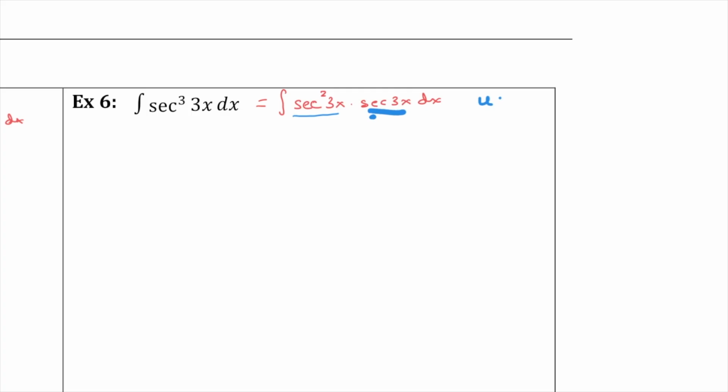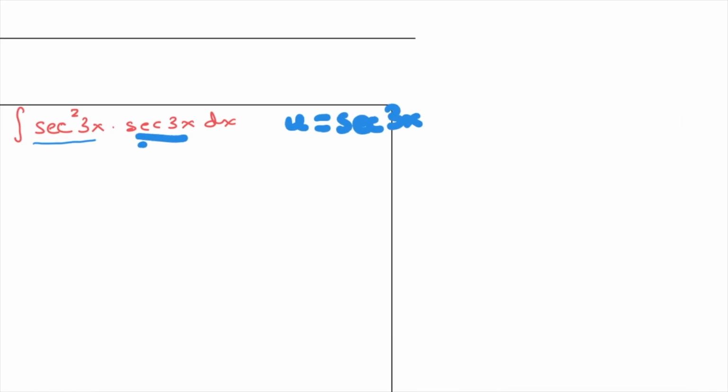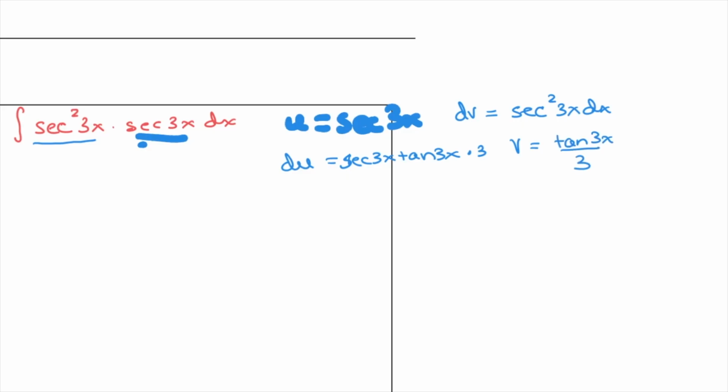So u is going to be equal to secant 3x, and dv shall be equal to secant squared 3x dx. So then du is going to be, the derivative of secant is secant 3x tangent 3x multiplied by 3. And your v is going to be equal to the tangent of 3x divided by 3.